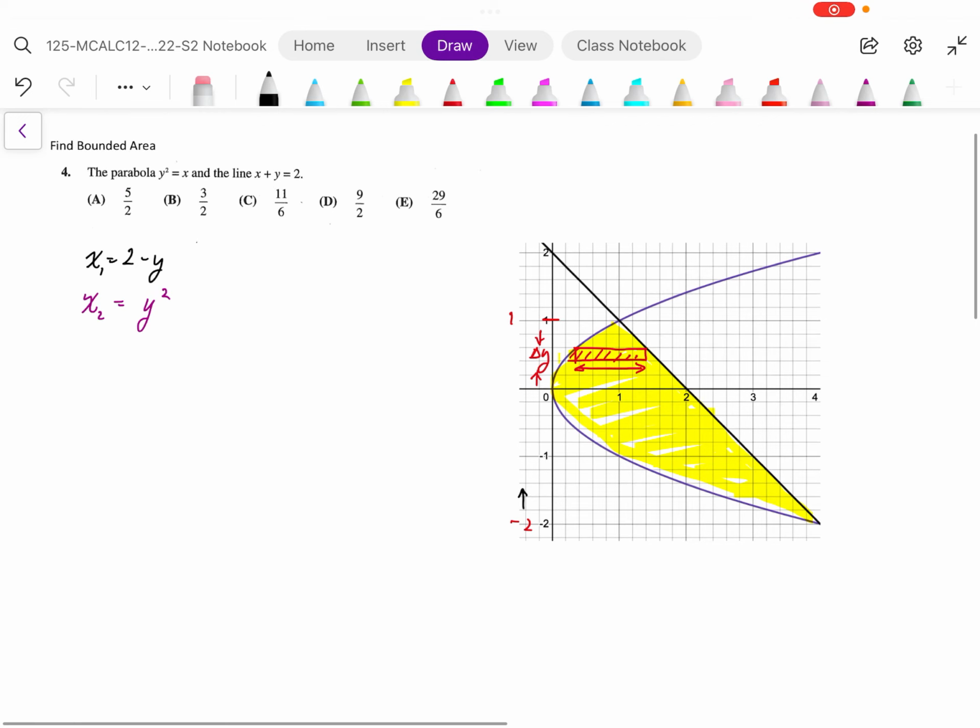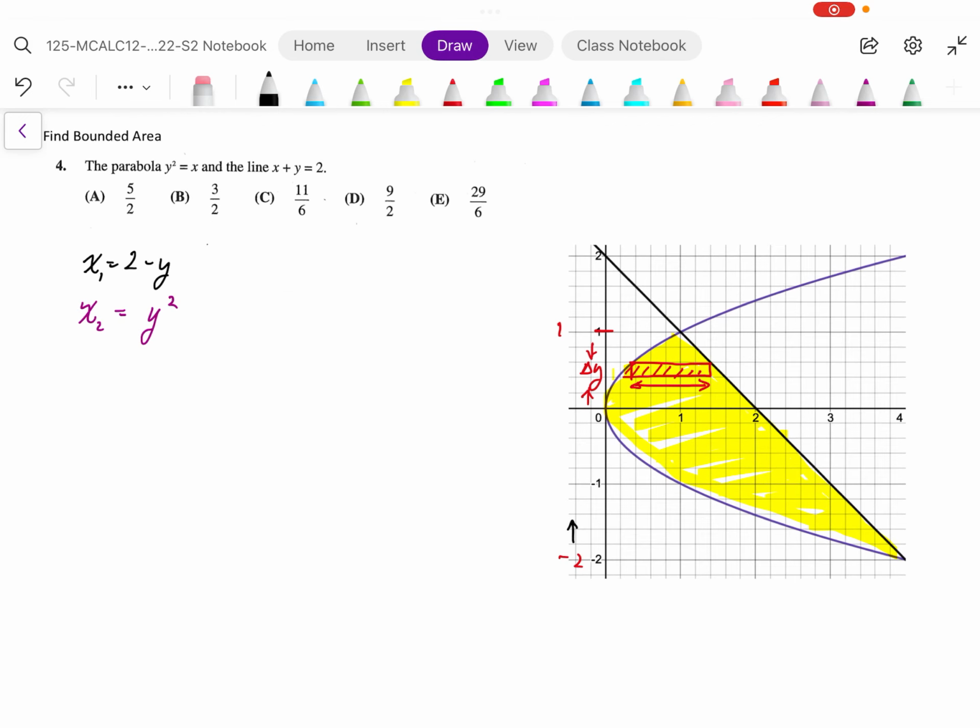The first thing is I want an x length, so I'm going to set up my two equations as x equals. The straight line becomes x equals 2 minus y, so I've labeled that x1. The other equation is x equals y squared. I've labeled that x2. That's the purple line.